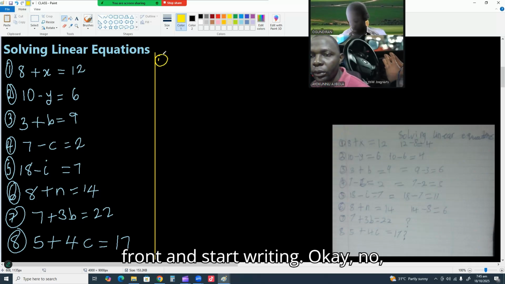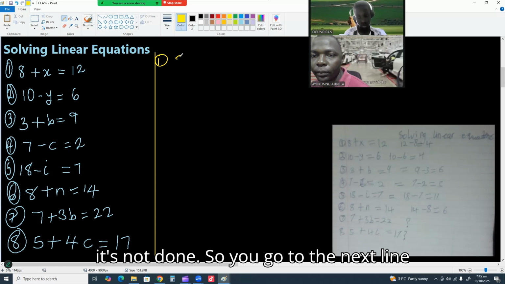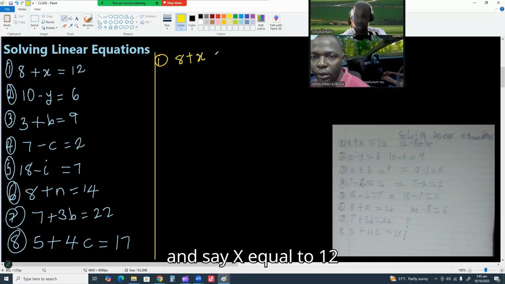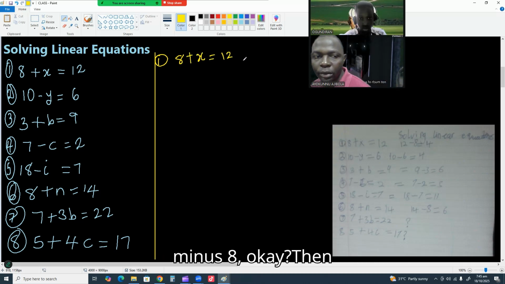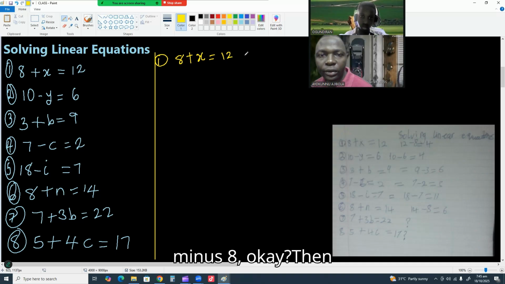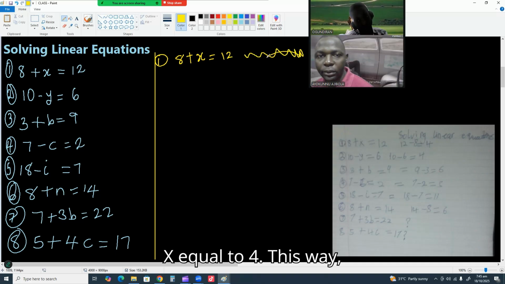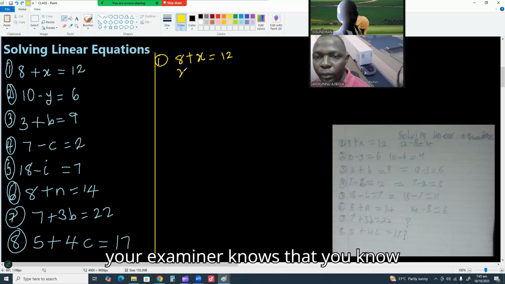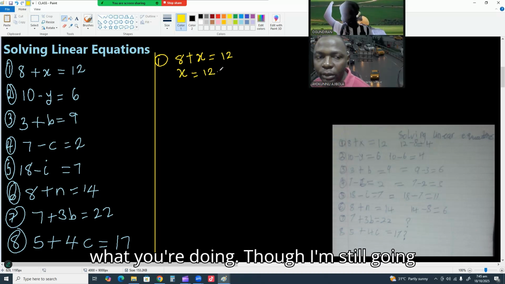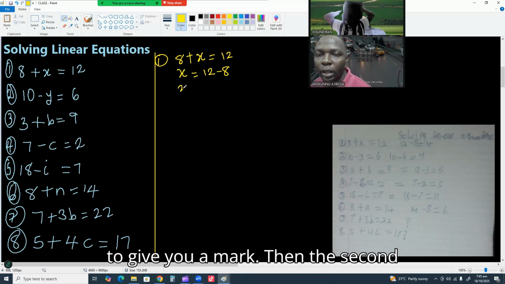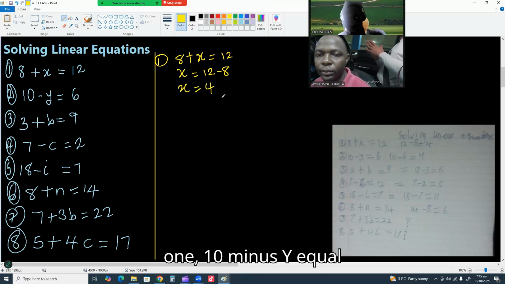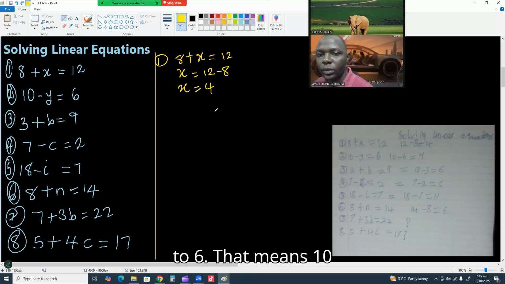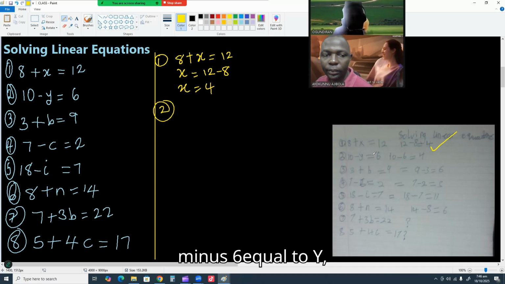So for number one, when you have a question like 8 plus x equal 12, you don't just go to the front and start writing, okay? No, it's not done. So you go to the next line and say x equal to 12 minus 8, okay? Then x equal to 4. This way, your examiner knows that you know what you're doing, though I'm still going to give you a mark.